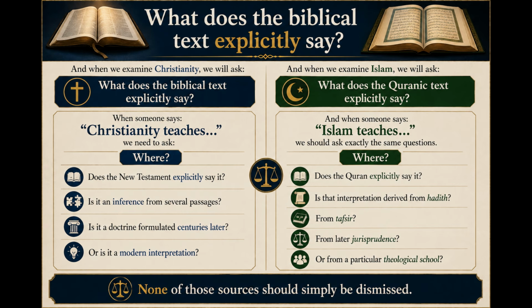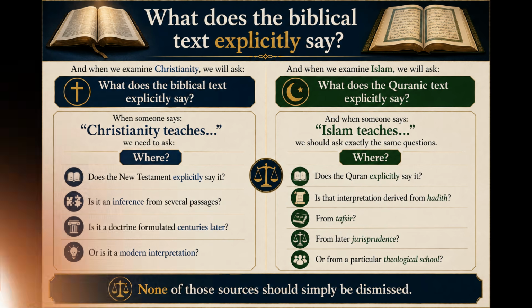Where? Does the Quran explicitly say it? Is that interpretation derived from hadith, from tafsir, from later jurisprudence, or from a particular theological school? None of those sources should simply be dismissed, but neither should they automatically be confused with the foundational text itself. That is the distinction this series is going to maintain.